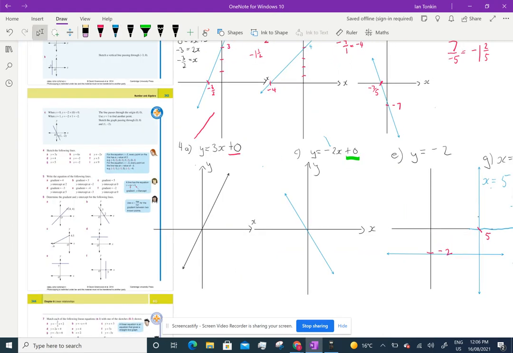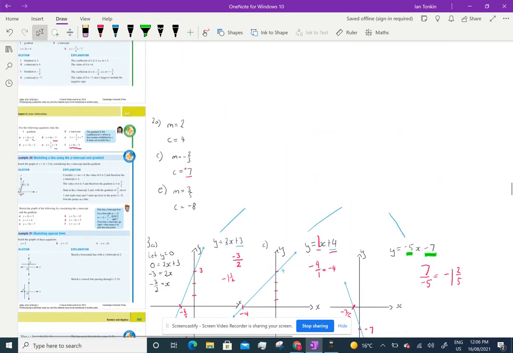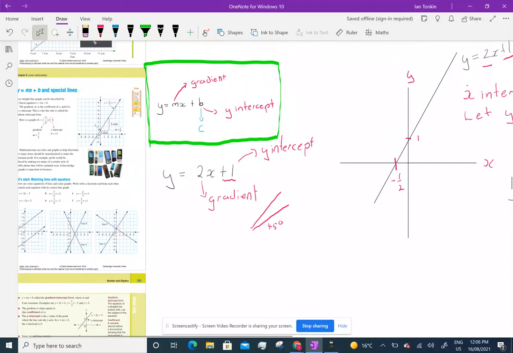So if you are able to do 3 and 4, you've got a pretty good handle on everything. But please make sure you've got good notes. Up here when you're writing this, remember positive gradient is up, left to right.